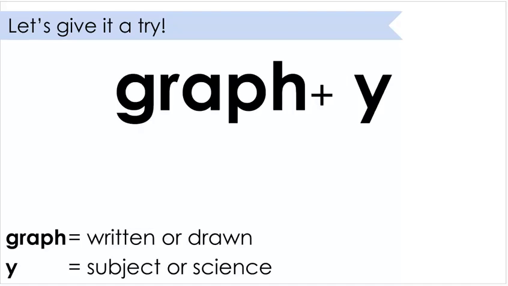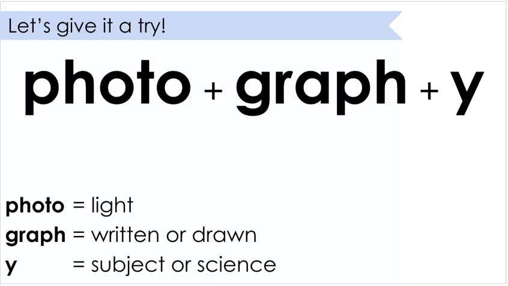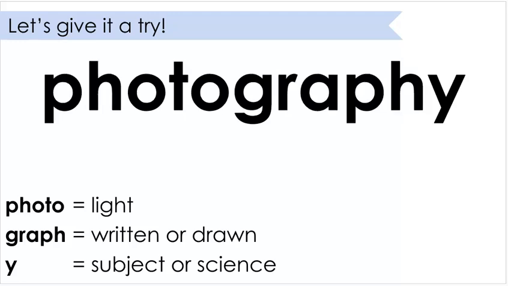In our last word, we're going to take graph again, our last suffix, I should say. We're going to add the suffix y, which refers to a subject or science. Just like before, graph is not a word, so we're going to pull one of our previously learned prefixes, photo. Now, this may not be pronounced how you think, but what do you think the word might be? It's photography. Photo meaning light, graph meaning written or drawn, and y subject or science.